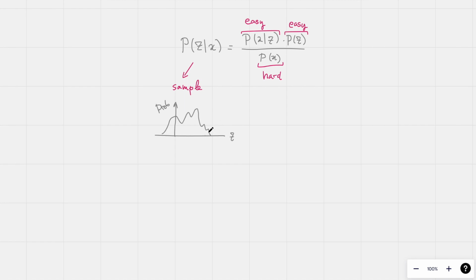So if we have a sample here that we can represent with this form, maybe this is all we need in order to get something about z, to know what the values of z can be, what the values of z really cannot be with very high probability. So how could we get a sample from the posterior distribution without having to compute this term here, which is hard?